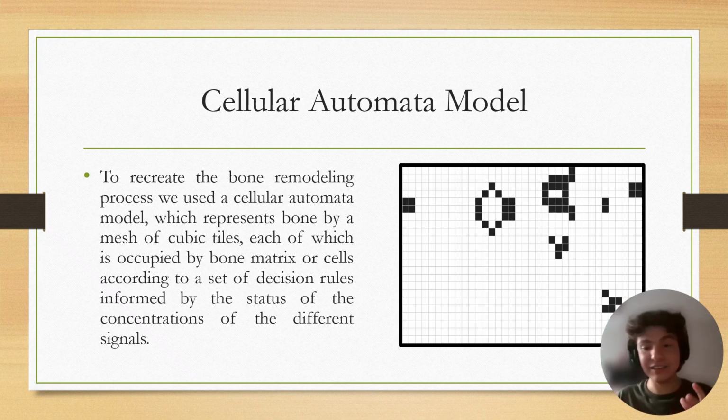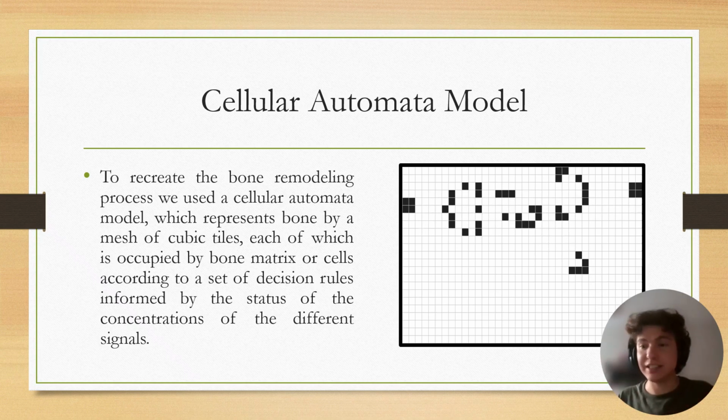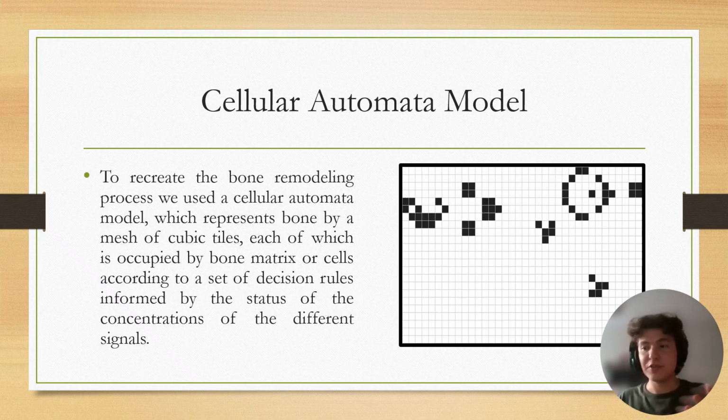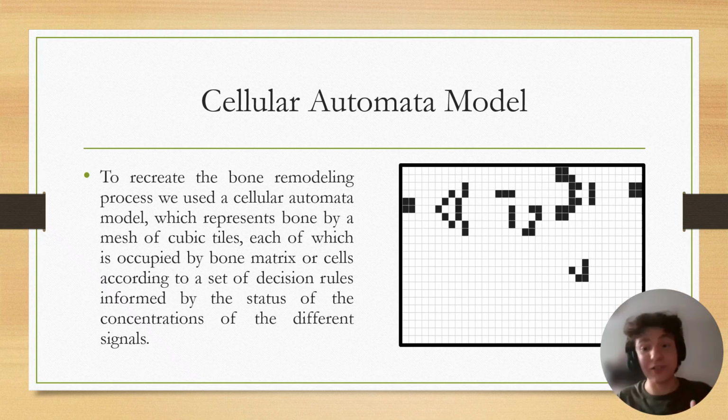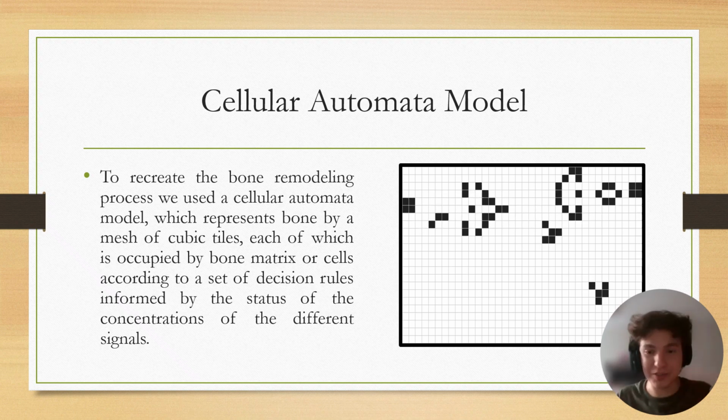So basically, cells can think and decide some actions depending on the signals surrounding them. So they are able to coordinate, and well, the bone remodeling process works because of this.